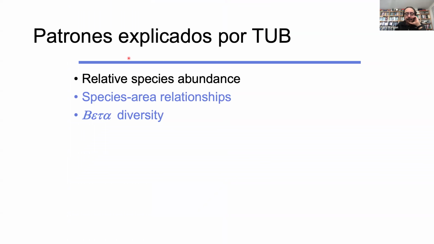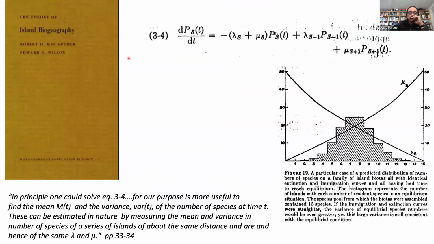And the inspiration he took was from the theory of island biogeography, which was set up back in the 60s and 70s by Robert MacArthur and E.O. Wilson.